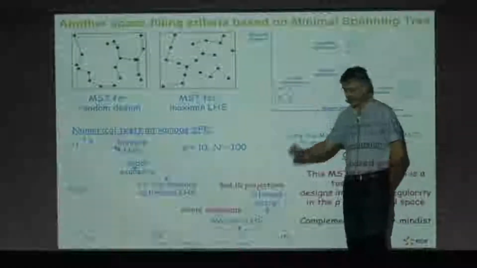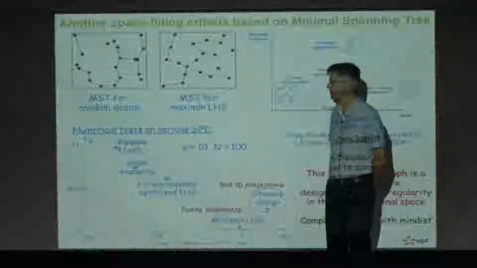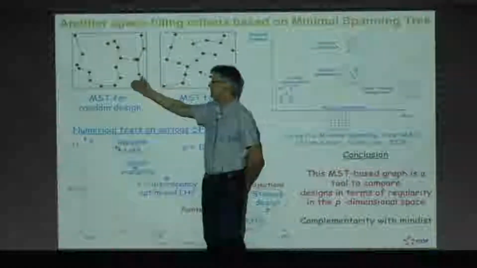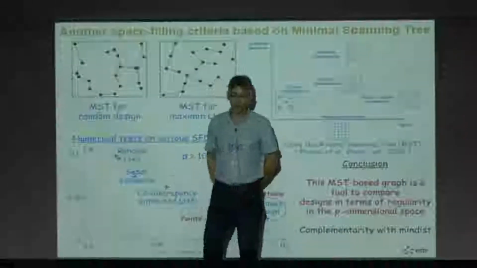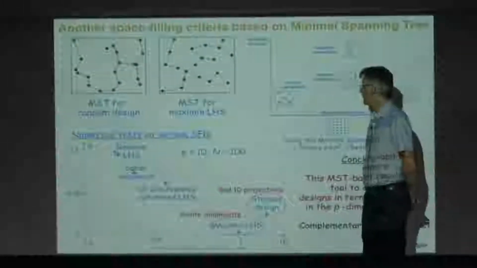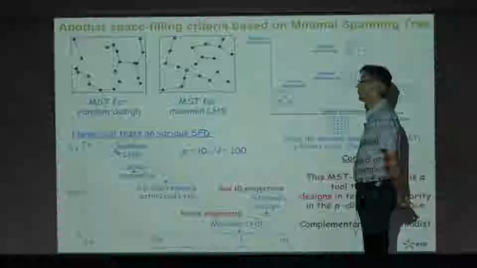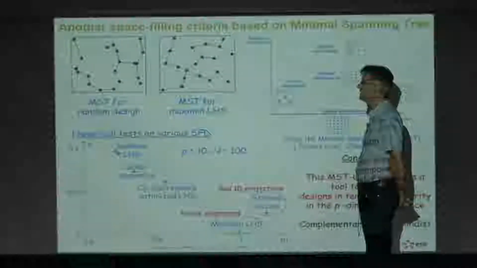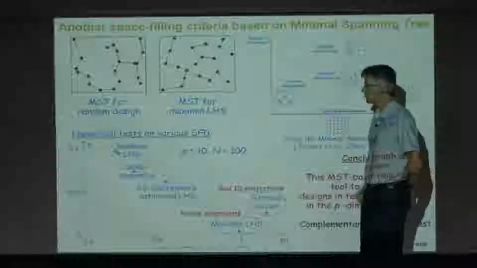If you have a design in dimension D of n points, so for example here I am in dimension 2, we can also perform easily this minimum spanning tree. And some researchers have proposed to make a classification of this design in terms of this tree.